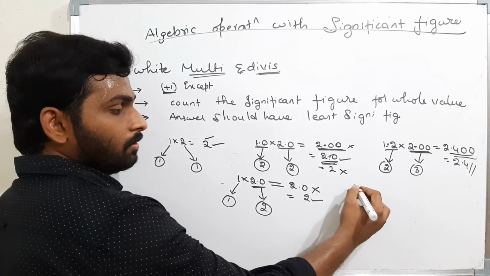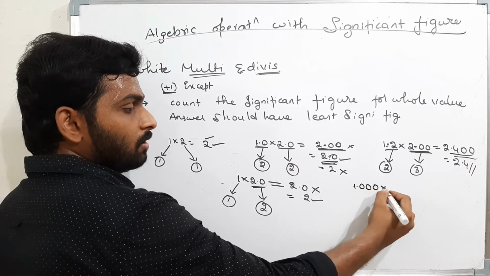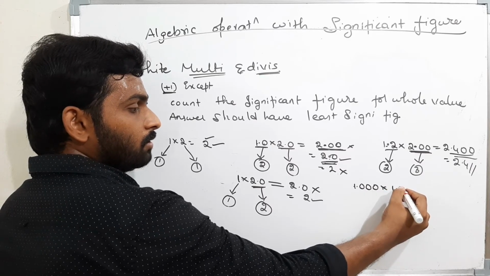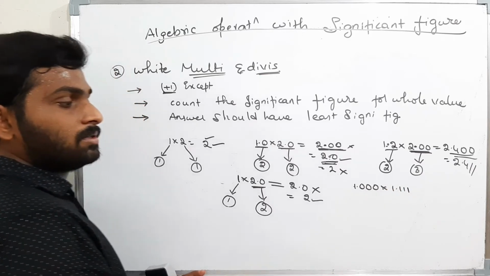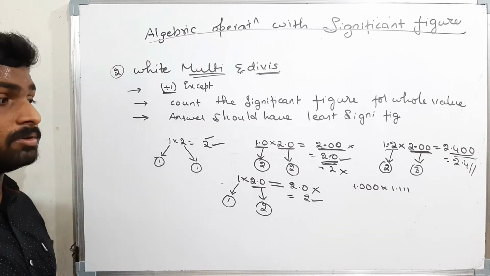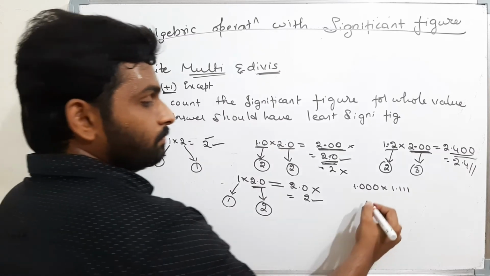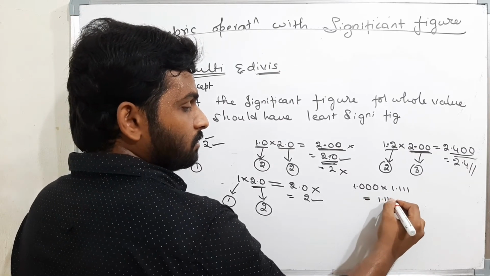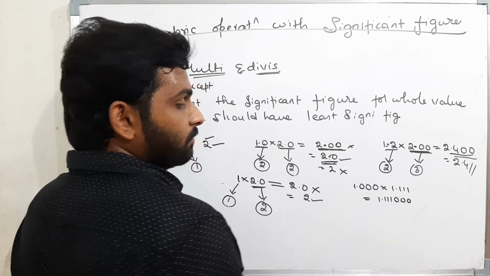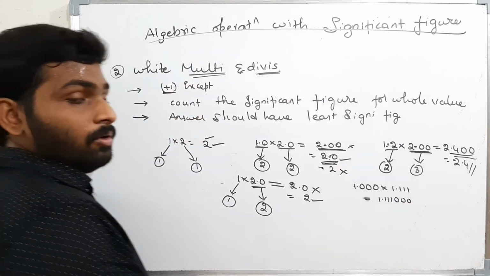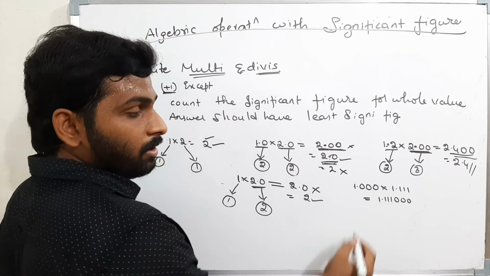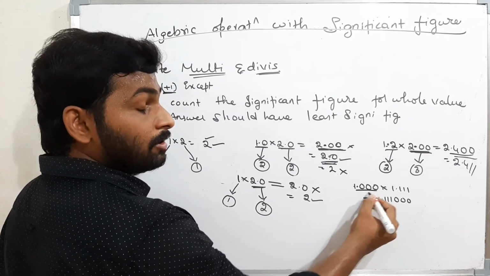Therefore one more thing. 1.000 into 1.111. What is the answer for this? 1.000 into 1.111. How much? The answer is 1.11000. This is the answer actually. Okay, this value we got, well and good. But after the decimal, how many digits are there? Not after the decimal, sorry.